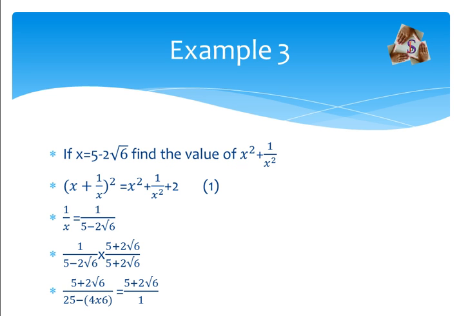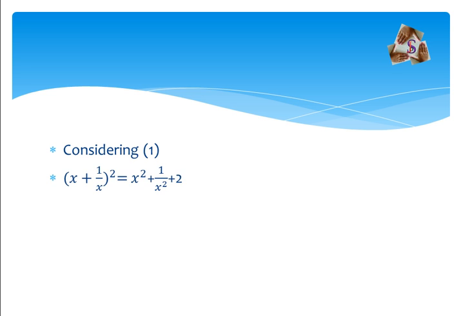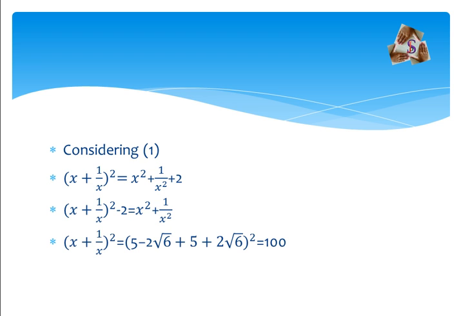So I get 5 plus 2 root 6 by 1. I substitute it in equation 1. So when I substitute it in equation 1, I'll get it as 5 minus 2 root 6 plus 5 plus 2 root 6 whole square minus 2 is equal to x square plus 1 by x square.